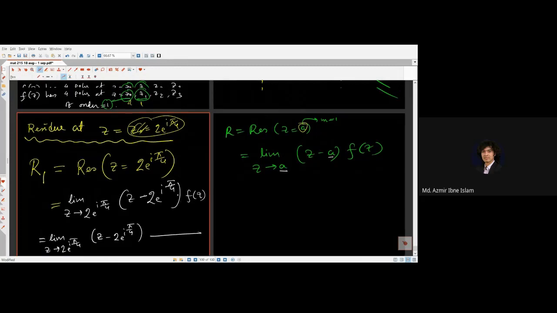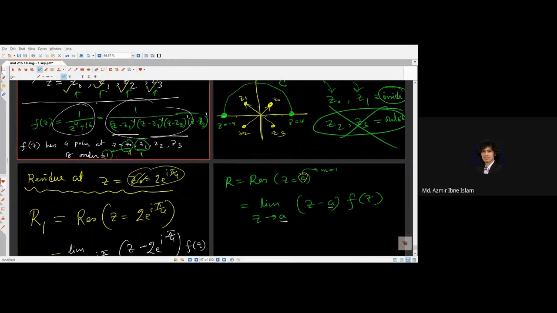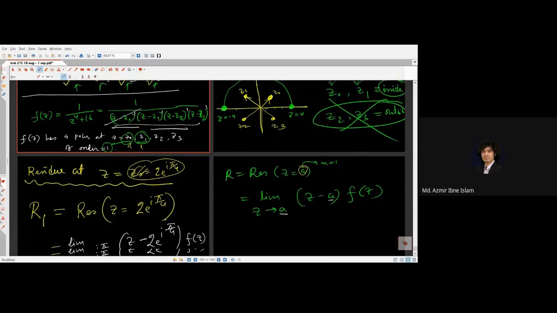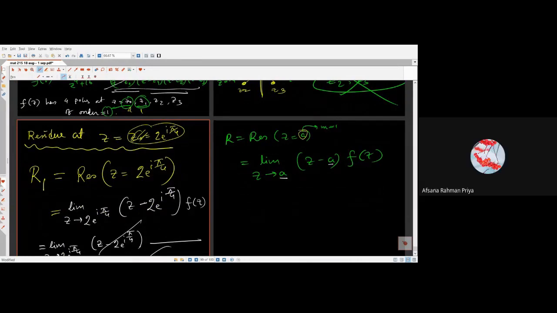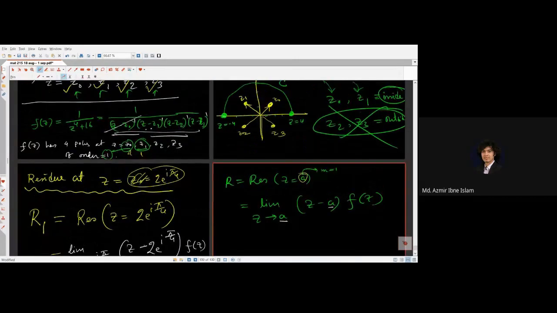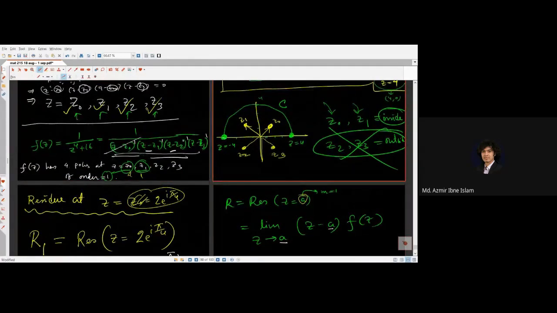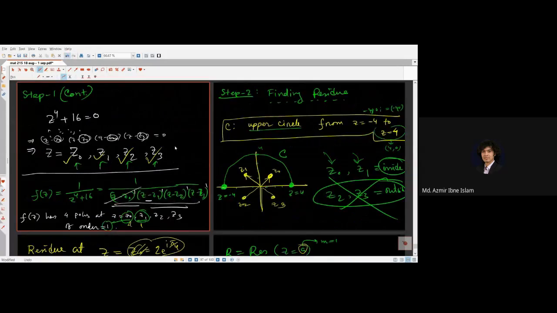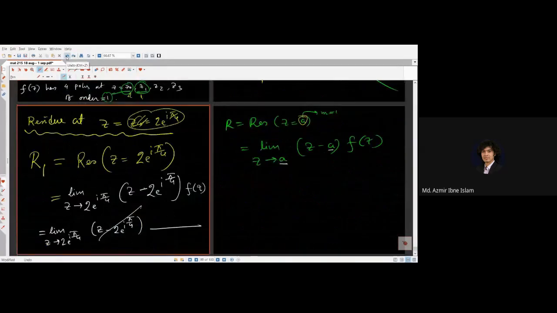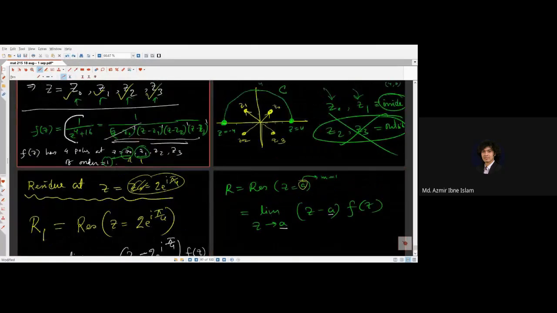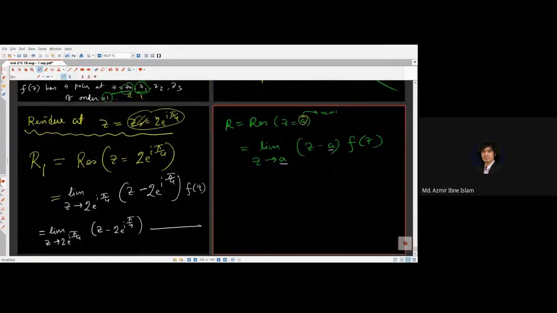The function f(z) is this one or this one. If we take this part, then z - z0, that means z - 2e^(iπ/4), and this part can be cancelled. Is that okay? Yes, sir. But we have to multiply the rest of the things, that is (z - z1)(z - z2)(z - z3). So the calculation is becoming huge. So what we can do is work with this part also. See how we can work. So f(z) is 1 over z^4 + 16.